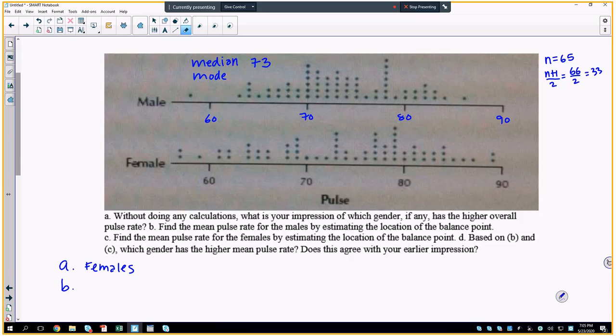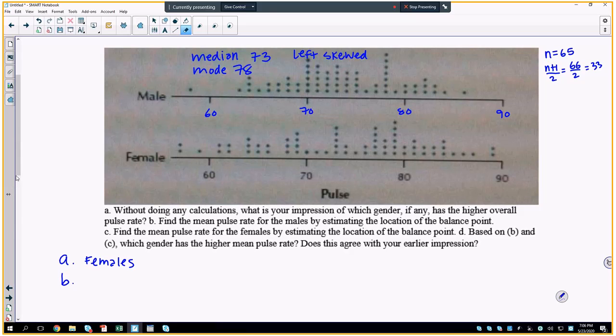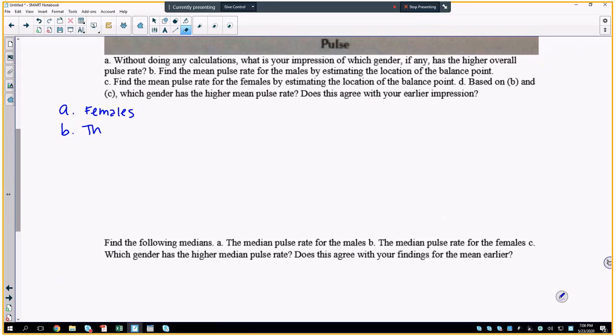So this is definitely left skewed. As far as estimating the mean, we know that the mean should be even smaller than the median, so maybe 70. We probably could have picked 71, but let's say 70.